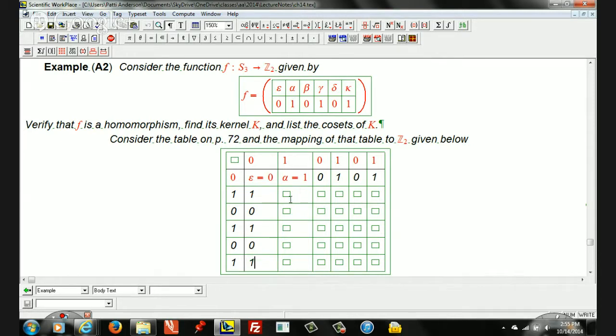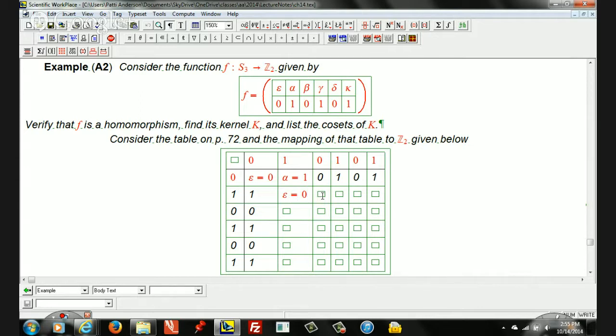Now here, it's a little bit different. So what would you have in the second row, second column spot in the table on page 71? Is that epsilon? Yeah, on page 71. Yeah, we have to verify that they're the same. So here I'm going to put epsilon and then note that that goes to 0.